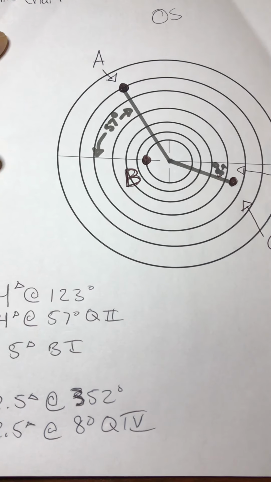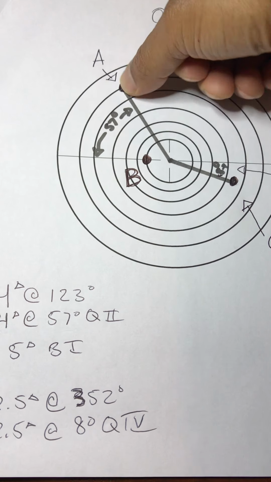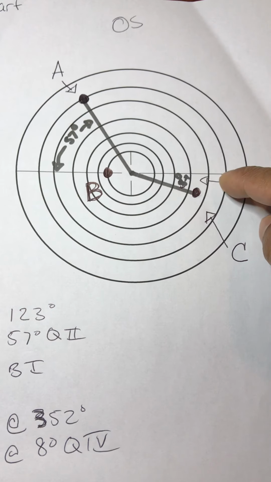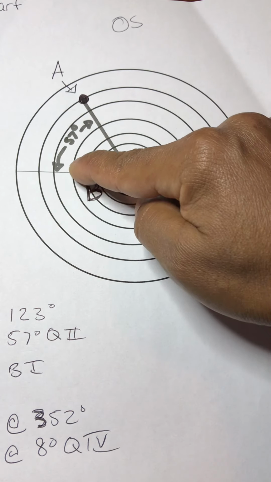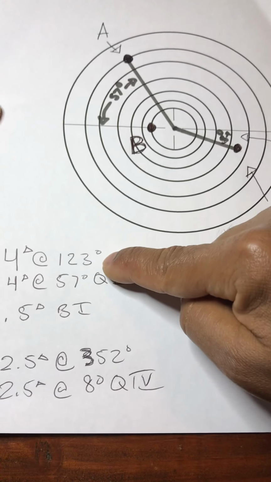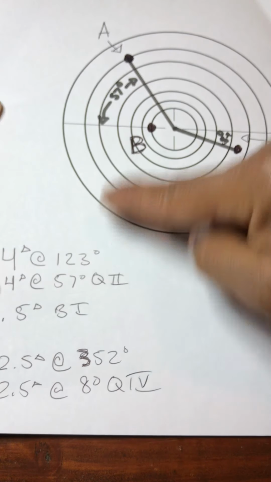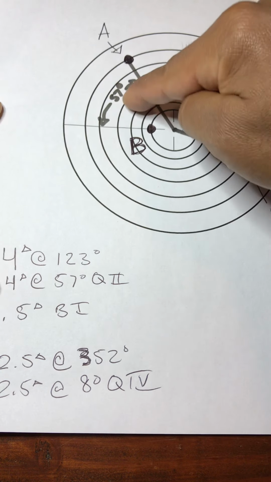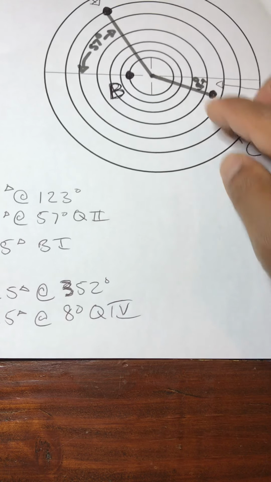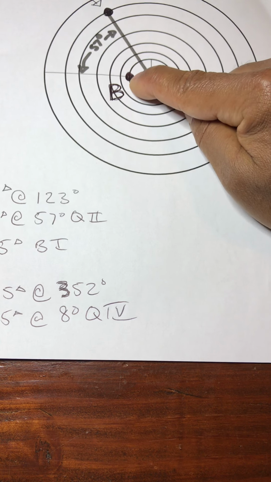So for this one, A is 4. And if this angle's 57, we would have 180 minus 57, which is 123. So you could have said 4 at 123 or 4 at 57, quadrant 2. B is going to be just in 0.5 right on that first circle.